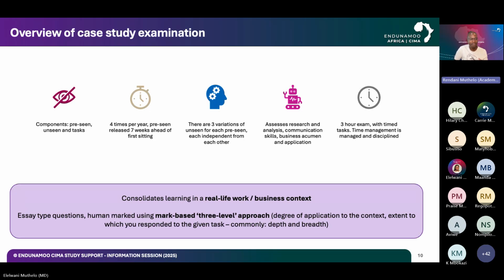And the marking is also quite interesting. The marking is on a 3-level approach. So now you have more visibility around the level of depth and coverage that is expected. So I said to you in that mini task that the board is worried about the risk arising from this.